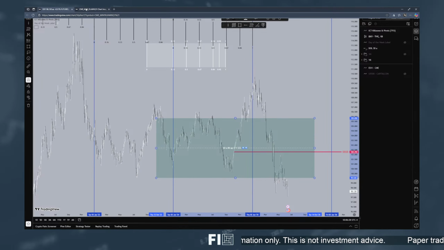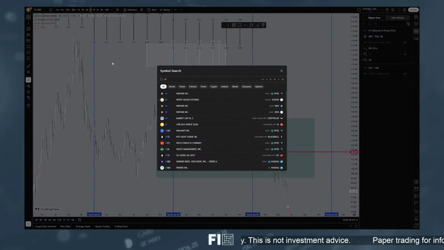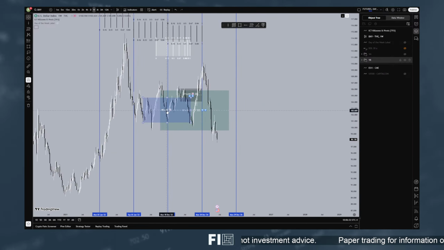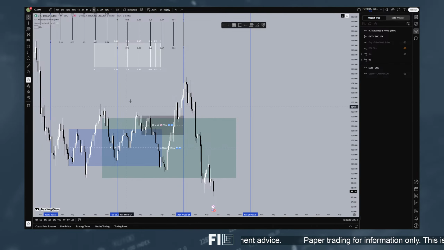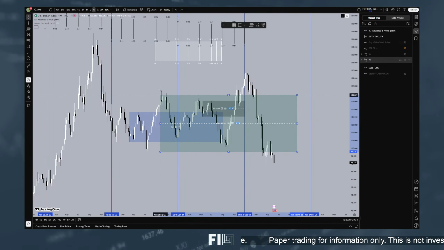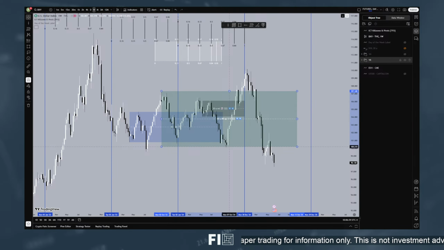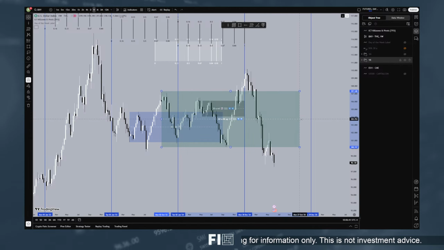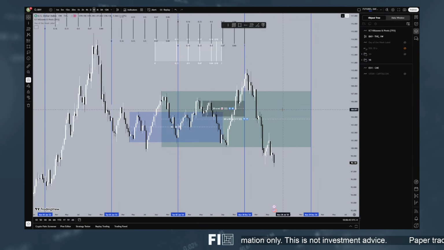Folks, this is a yearly time frame. So we're referring to the freaking year. This is huge. Now it makes sense why it's doing what it's doing. Remember what I told you about balanced price ranges?